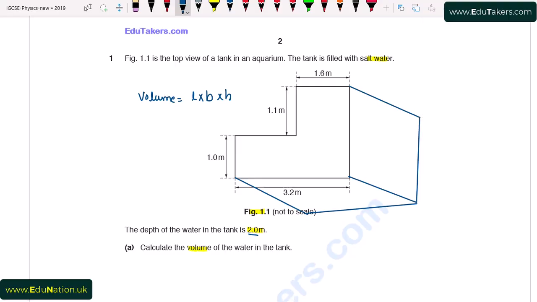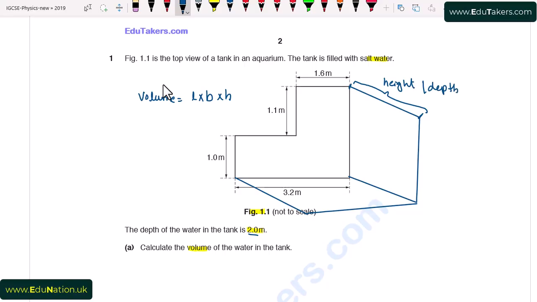In this figure we can see that the distance from this point to this point is actually the height or depth.